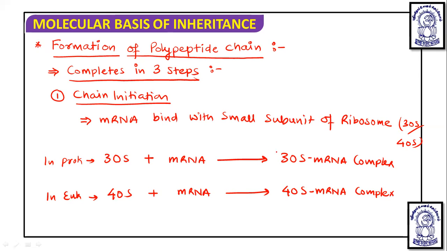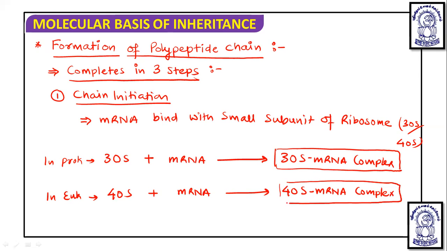So the 30S mRNA complex will form in prokaryotes and the 40S mRNA complex in eukaryotes, respectively.